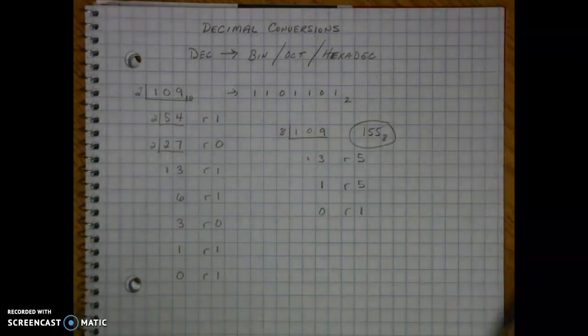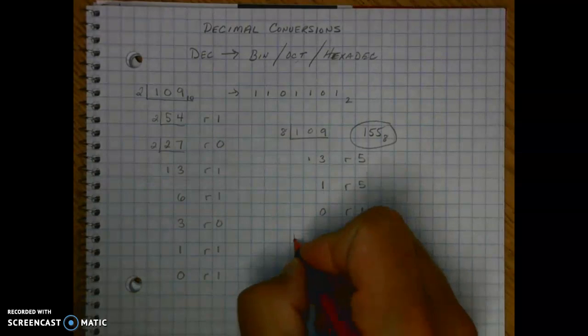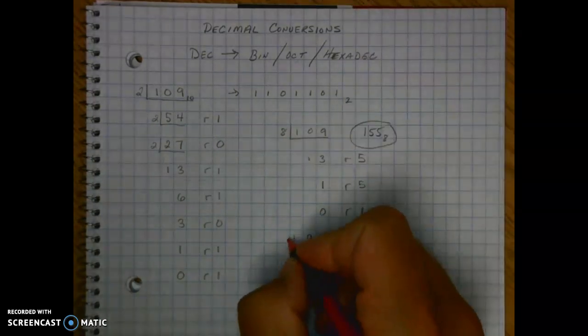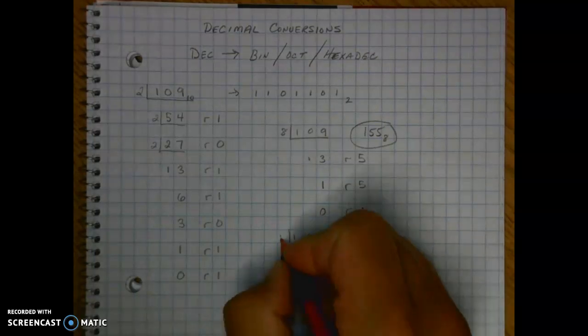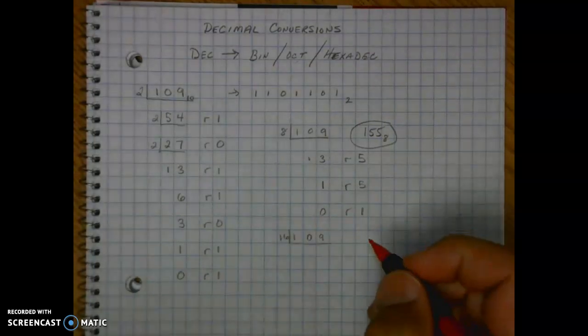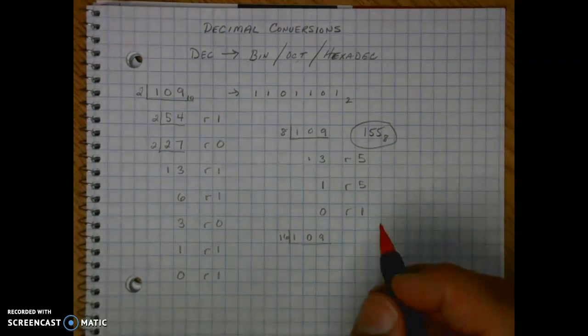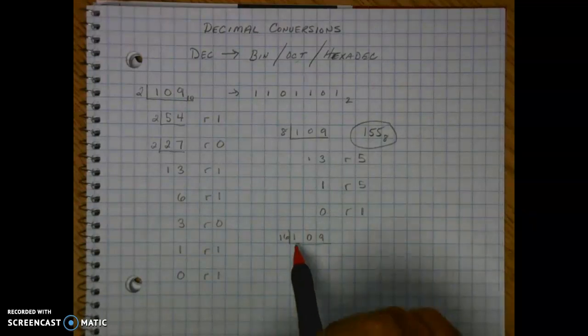And last but not least, we're going to take 109, and hexadecimal is base 16. Dividing by 16 is not very good mentally, so what we might want to do is employ a calculator. If that's not good for you, I'll show you in the next video how to convert to base 16 a little quicker using mental math.